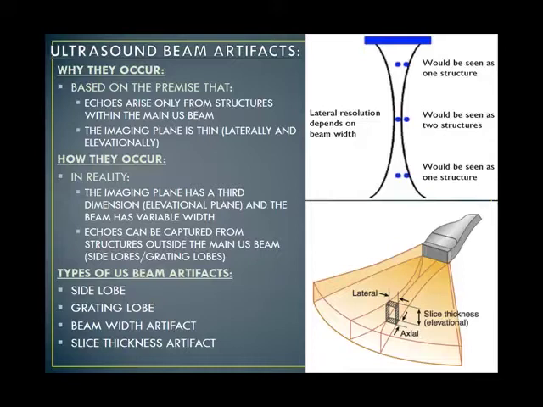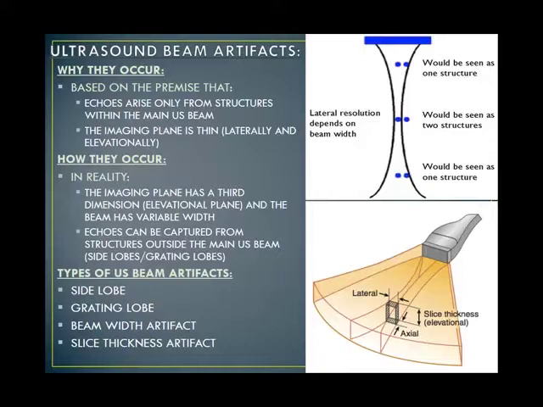So by no means is this a straight, flat line. And the ultrasound machine thinks that it's a straight flat line, and because of that, it can produce these artifacts. So echoes can be captured from all of these sections of the beam where the ultrasound machine thinks it's just happening along this straight flat line.